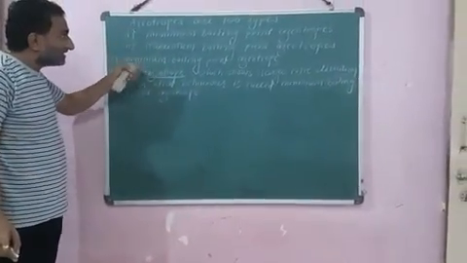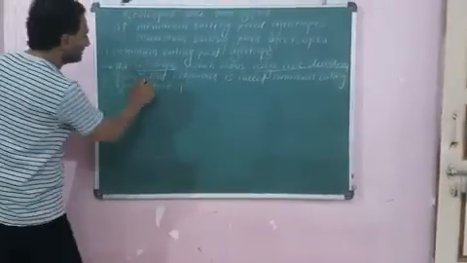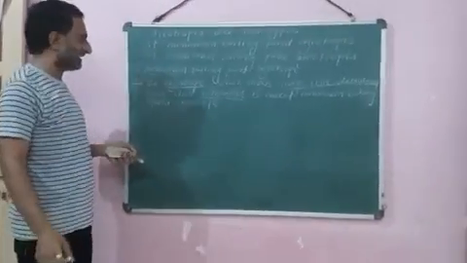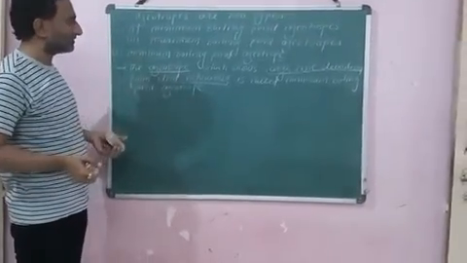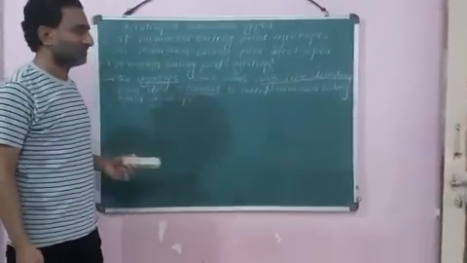You already know what an azeotrope is. The azeotrope which shows large positive deviation from ideal behavior. Ideal behavior you know very well: either positive deviation from Raoult's law or negative deviation from Raoult's law. This is the positive deviation from Raoult's law.